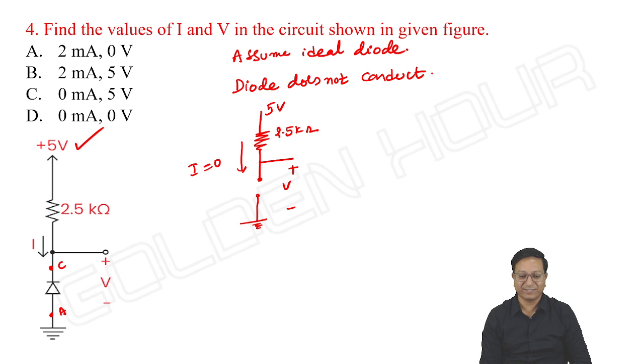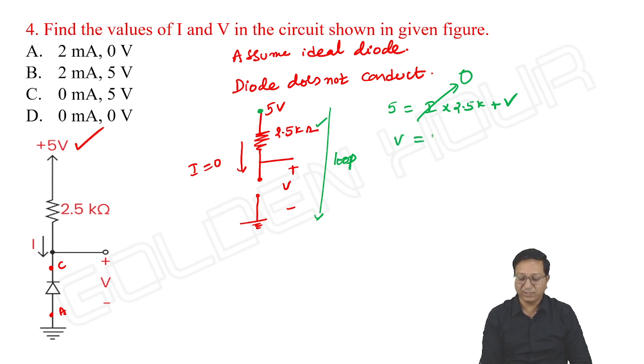Okay, anyway, let us see that. If I take the loop equation, even we can take this loop equation. What we can write? 5 volts is equal to I into 2.5k plus V. In which the current I is simply 0.